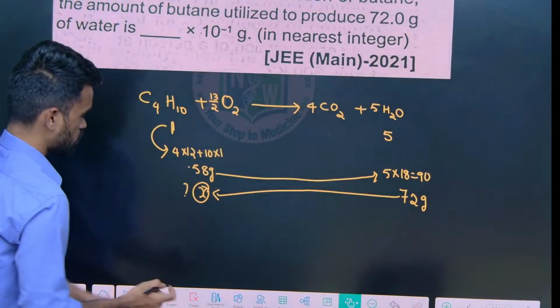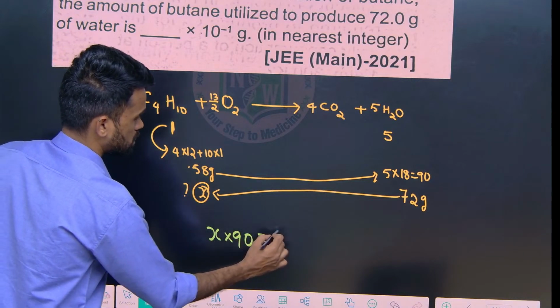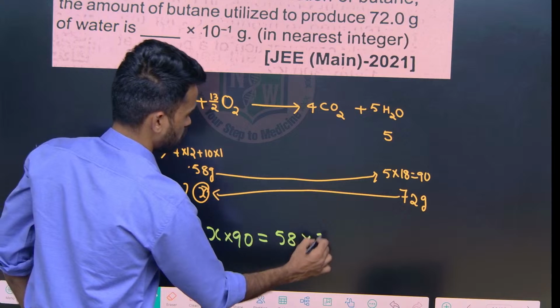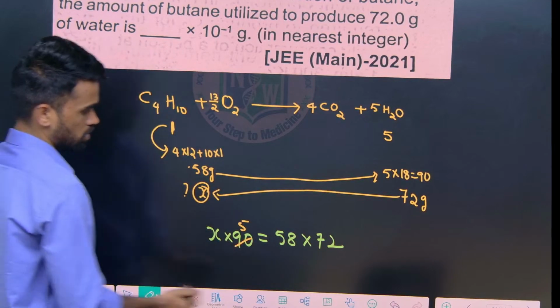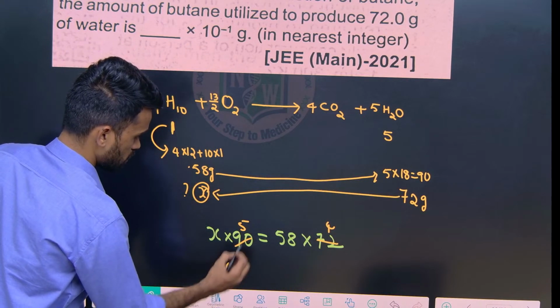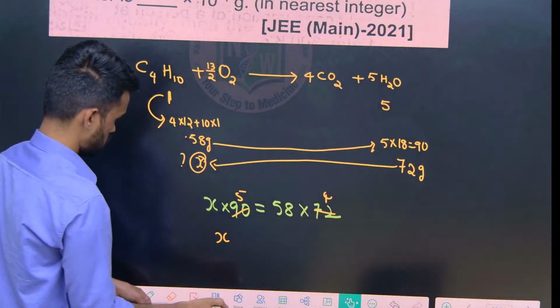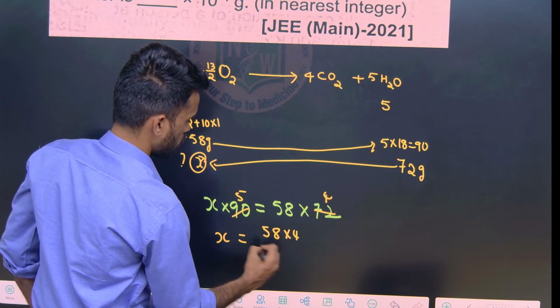So now just use the unitary method again. X into 90 is equal to 58 into 72. So 9 fives are 45... you can write this as 58 into 4 by 5.